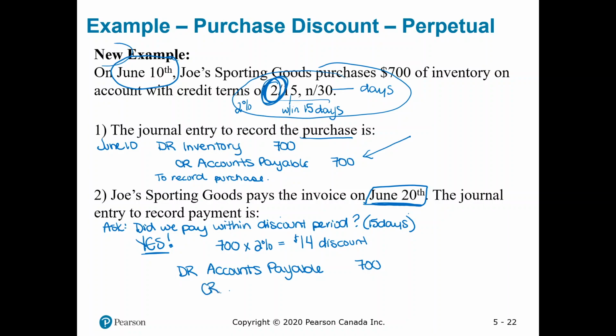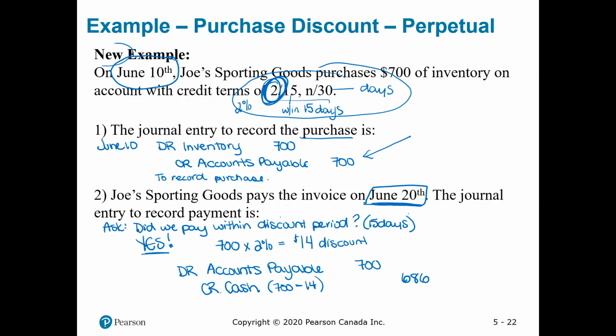And since we're making a payment, we know we will also credit cash. But here, we're only going to pay the discounted amount. So we have the $700 that was originally due, but we subtract the $14 discount that we calculated. So we're actually only going to pay cash of $686.